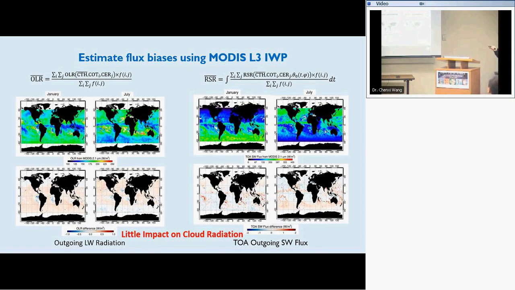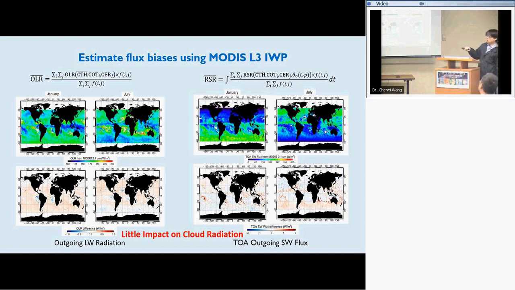Okay, fine. Let's look at the cloud radiation. So here, the left shows the outgoing longwave radiation at TOA, and the right one shows the shortwave. You can see that the first row shows the radiation from the MODIS only, and the last shows the MODIS minus the calculation using homogeneous clouds, to consider the CER profiles.